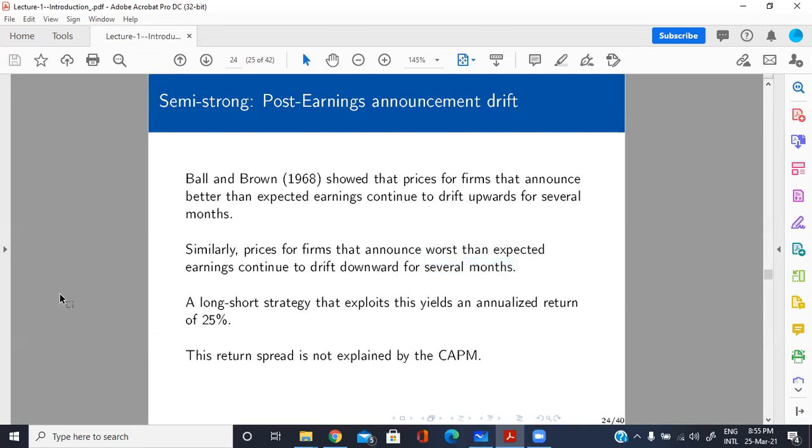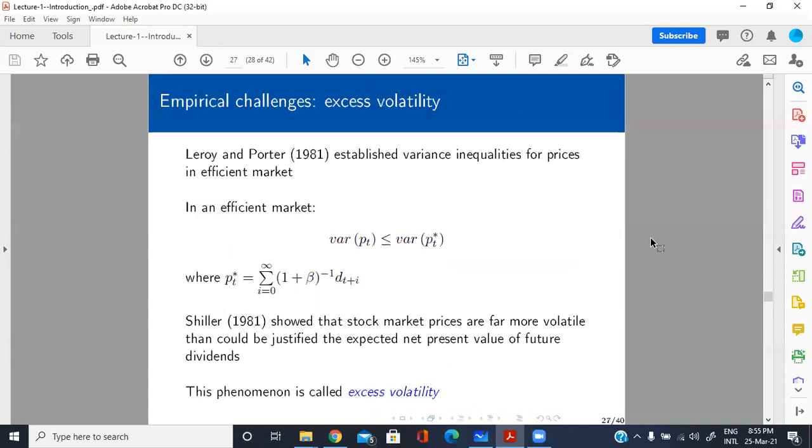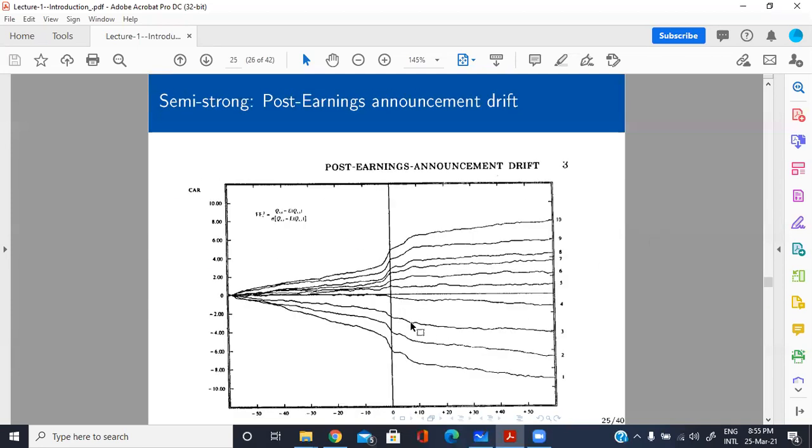And you see the graph, what they have found. You see, even after the event date is here. Event date is the vertical line. What is the reason for this adjustment, upward adjustment from here to here?